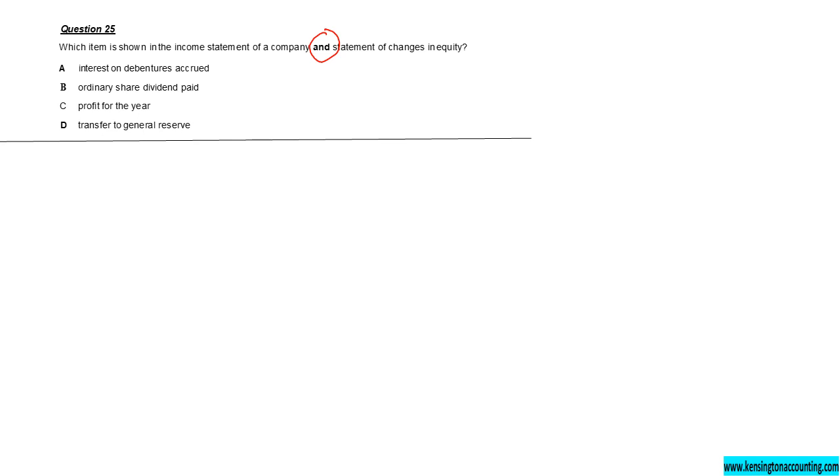Now, let's look at item A. Interest on debentures accrued. Interest on debentures is a loan interest. This is an expense, and it is not part of the statement of changes in equity.